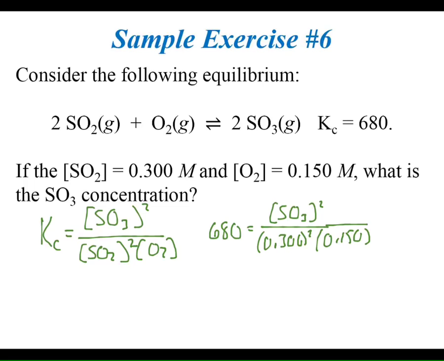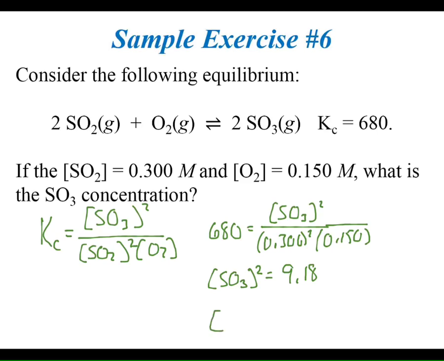And so you wind up getting SO3 squared equals what? Somebody tell me. For the square part, did anybody get that? It's like 9 something. SO3 squared equals something? 9.18.